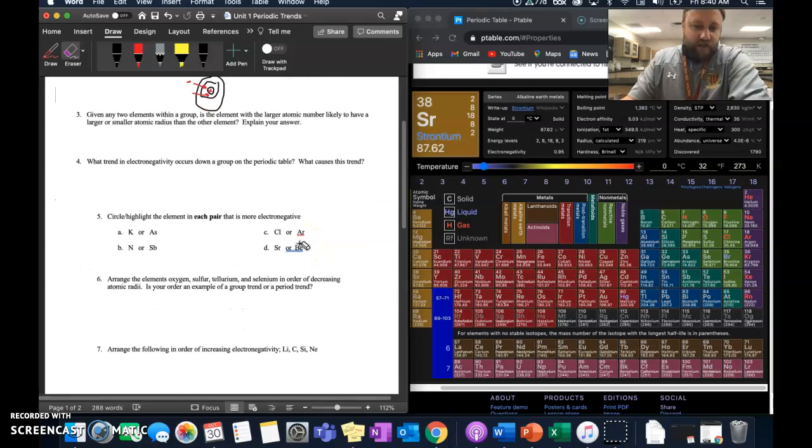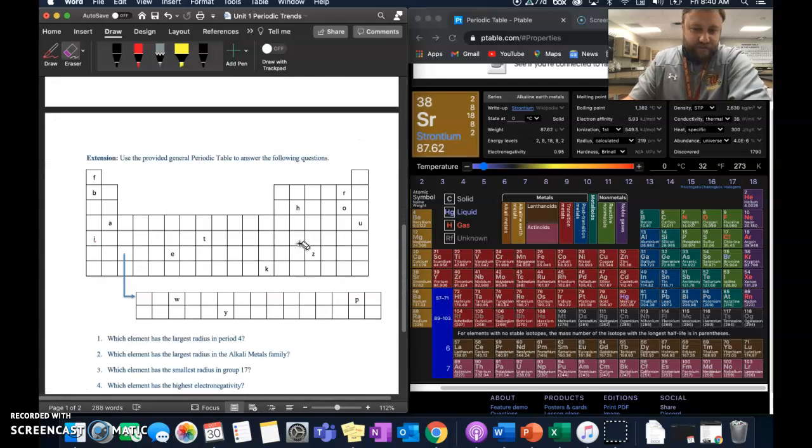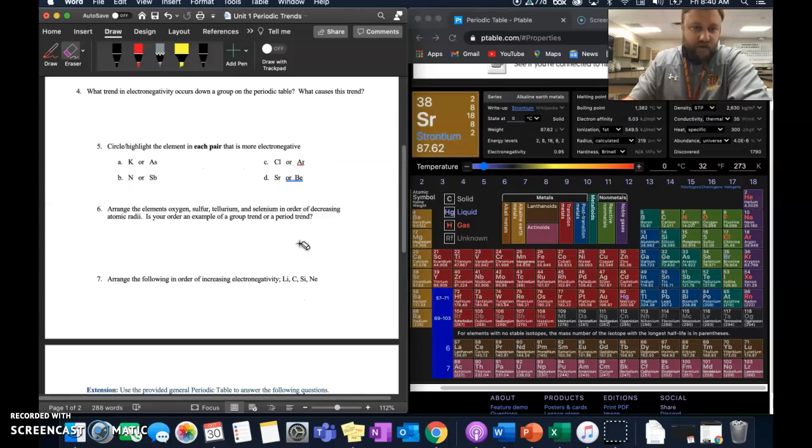So let's do number 5 real quick. Number 5. It says, circle which one's the most electronegative. So we're going to use fluorine as our landmark.